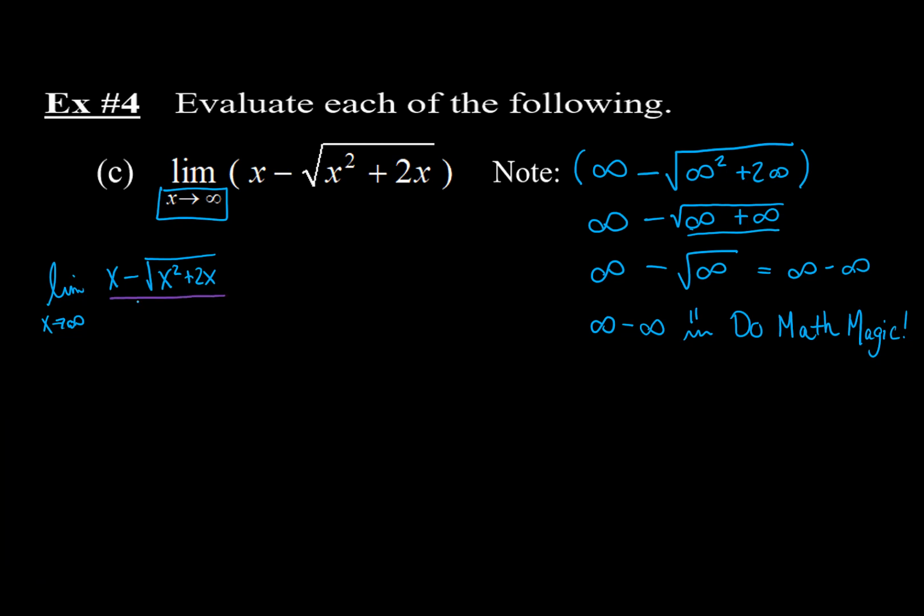So I'm going to turn this into a fraction, and I'm going to multiply it by x plus the square root of x squared plus 2x. I'm going to multiply the top of the fraction and the bottom of the fraction by the same values.